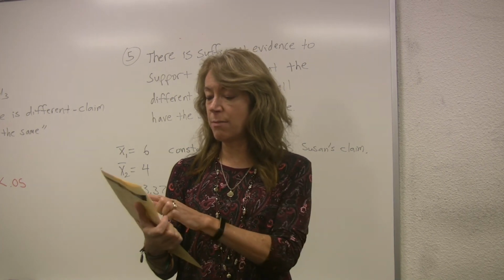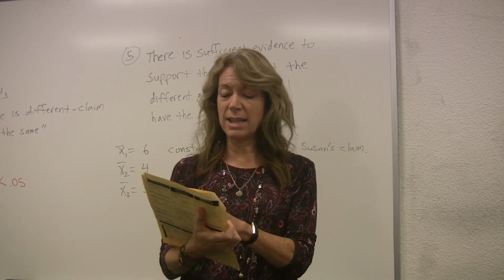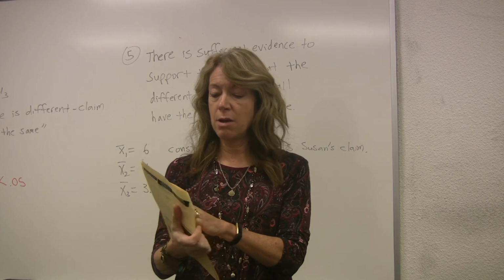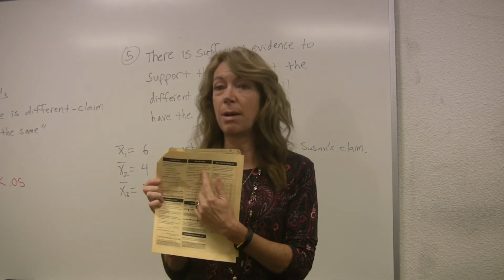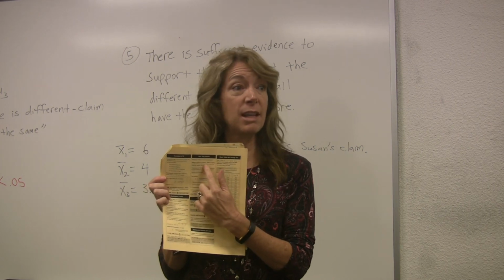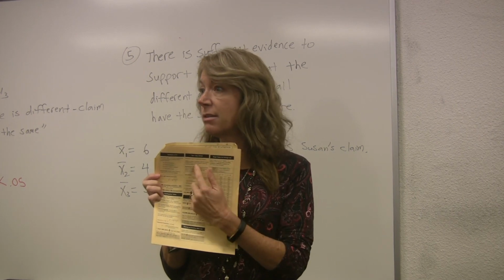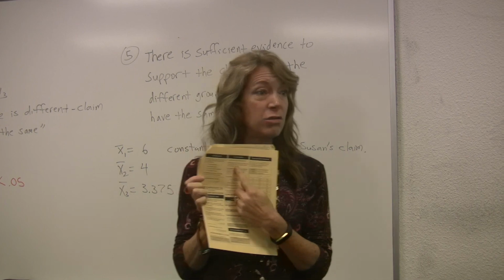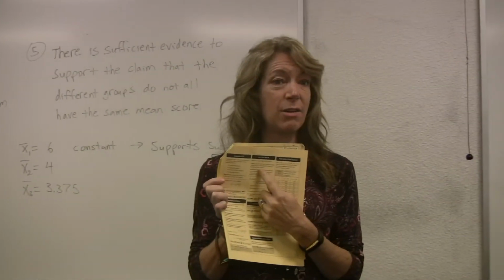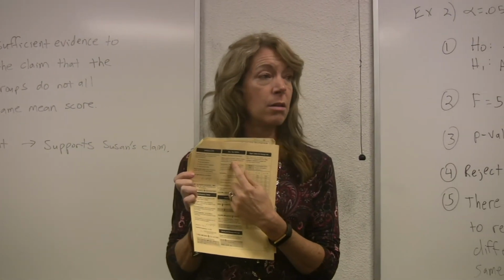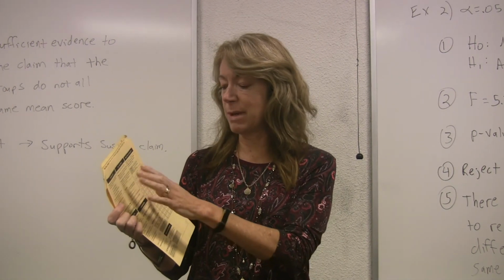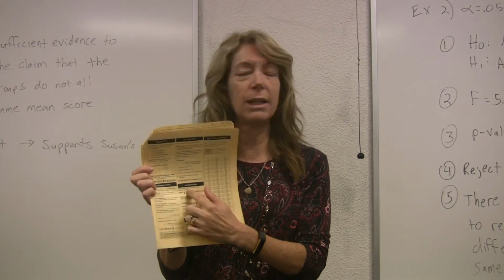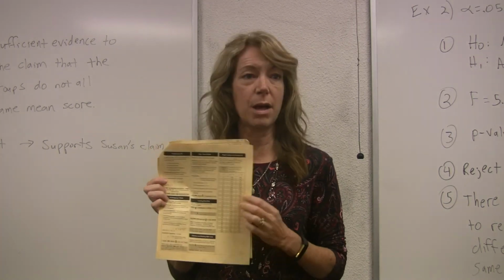But the important part that you might want to underline or highlight is on the second line, where it says ANOVA is a method of testing equality of 3 or more population means. You see that in the second little paragraph, last sentence? So that's when you use ANOVA, when you have 3 or more means and you're asking if they're equal or not. If you read the rest of it, it tells you about degrees of freedom and so forth. But all we really care about is the ANOVA test down there at the bottom.